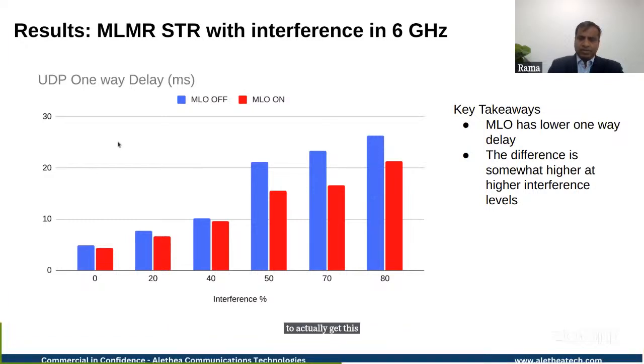And this is the kind of delay we have in our system. MLO has lower one-way latency. The difference seems to be higher at higher interference. I do think this is on the expected lines, and it's similar to the behavior of TCP.